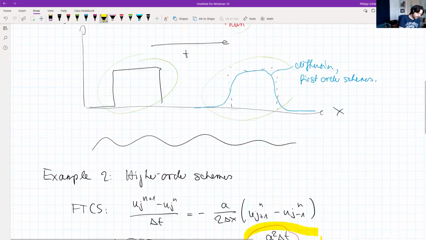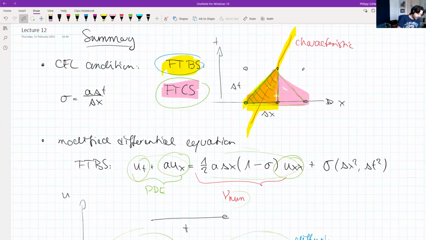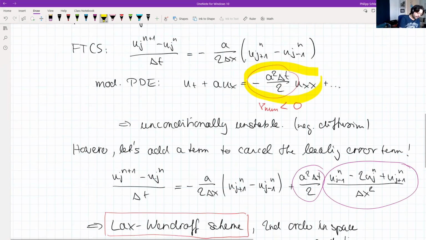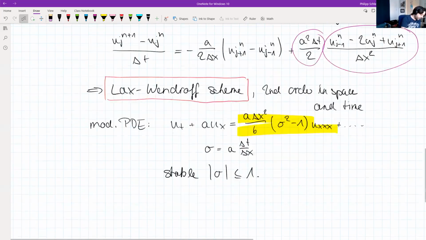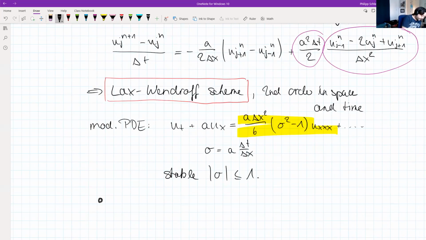Compare that again to the truncation error of the forward time backward space scheme, where the leading error term was a delta x. Now we have delta x squared. So that makes the scheme converge, or the error for the same grid spacing is of course smaller. And of course that's a good property. We have a higher order scheme. That's one important aspect. So we can write that down. So we have higher order.